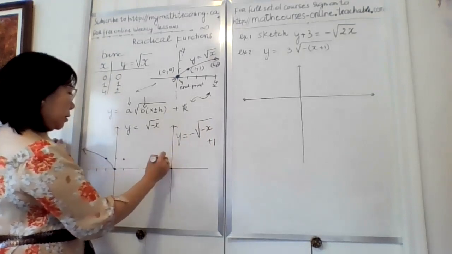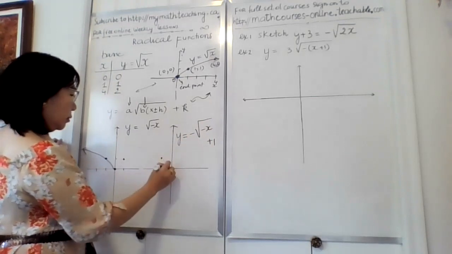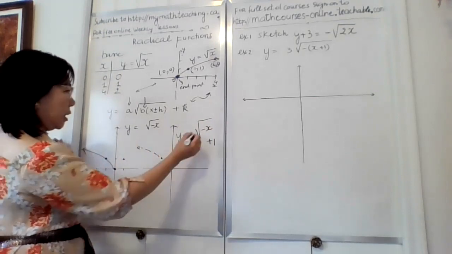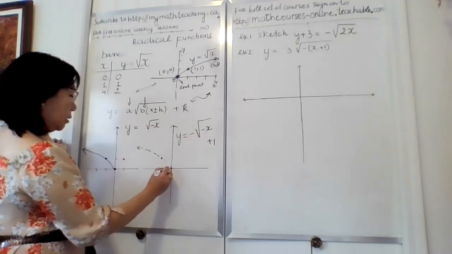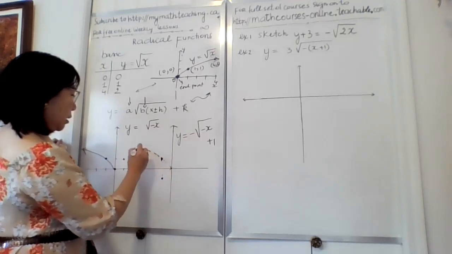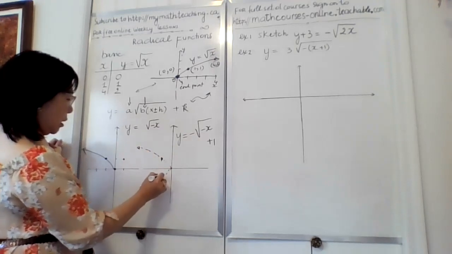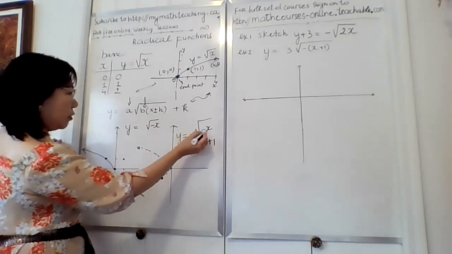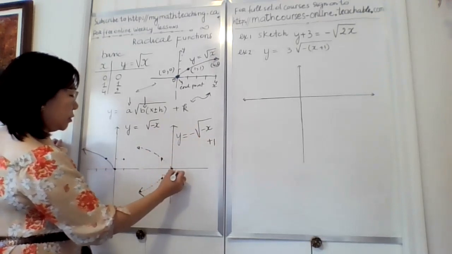So at first, it looked like this one. But now we're going to reflect it over the axis. This point will reflect down here, and this point will reflect down here. So we have a shape like this, if it reflects over both the y-axis and the x-axis. And notice the end point is still 0 and 0.